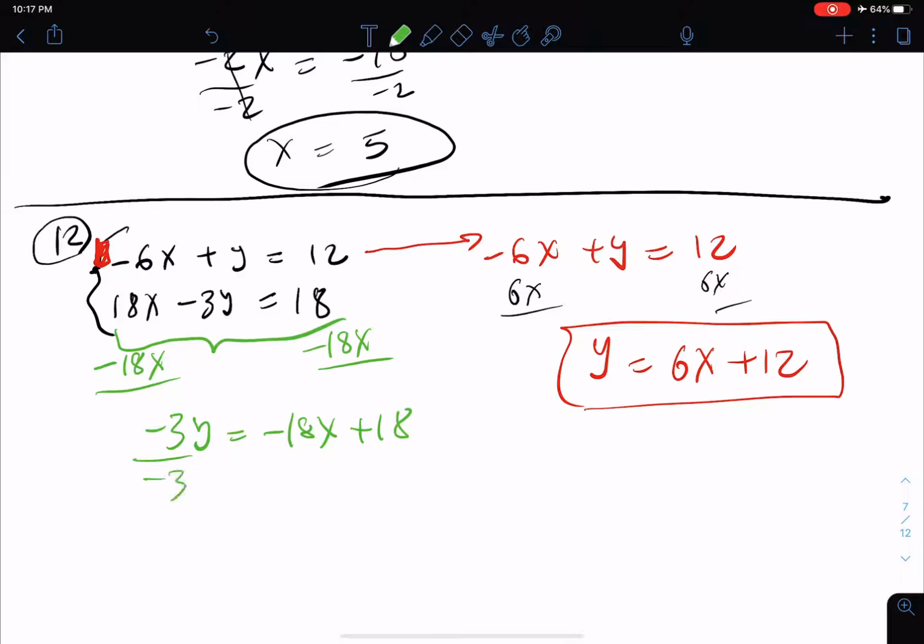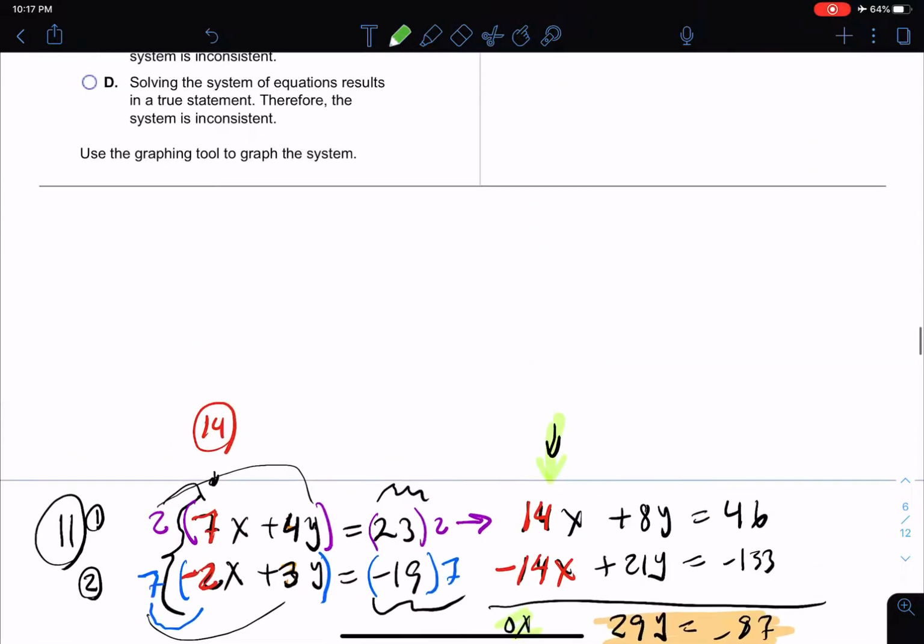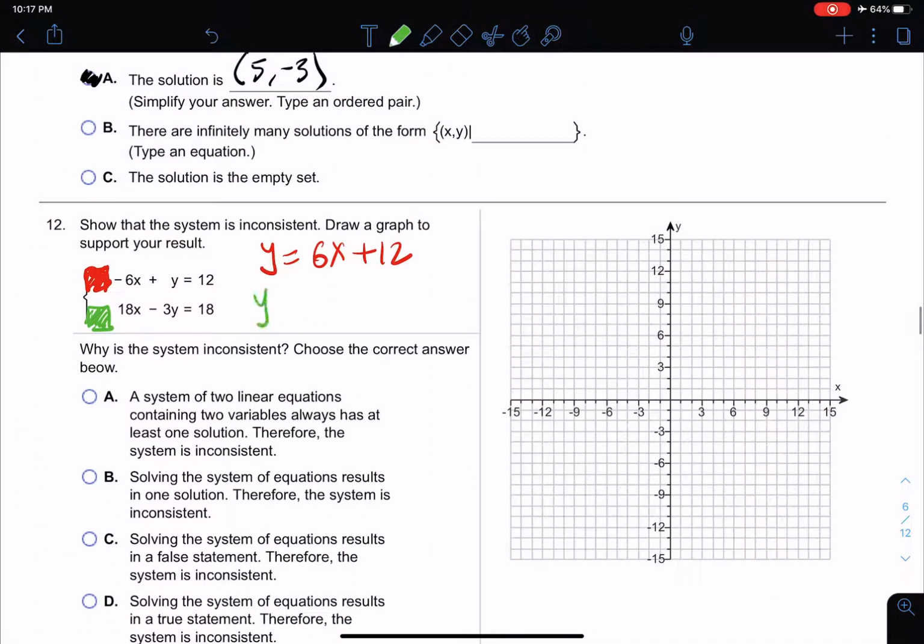Divide by negative 3. Now these are not inequalities, so there's no flipping of anything because it's an equation. So now we get y equals negative 18 divided by negative 3 is positive 6x, and 18 divided by negative 3 is a negative 6. So now we have y equals 6x minus 6.